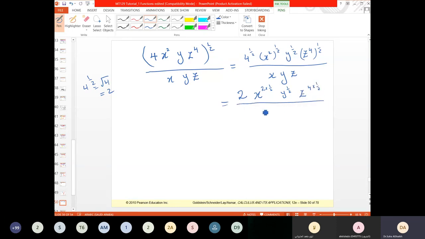Power we multiply. Yeah. Divided by x, y, and z. Now we have a cancellation here. 2 cancels the 2, and with the 2 here, the 4 cancels and we remain with 2. This will be 2x, because we cancelled already, so it's x to the power 1, y to the power half, and z to the power 2, all divided by x, y, and z. Okay?